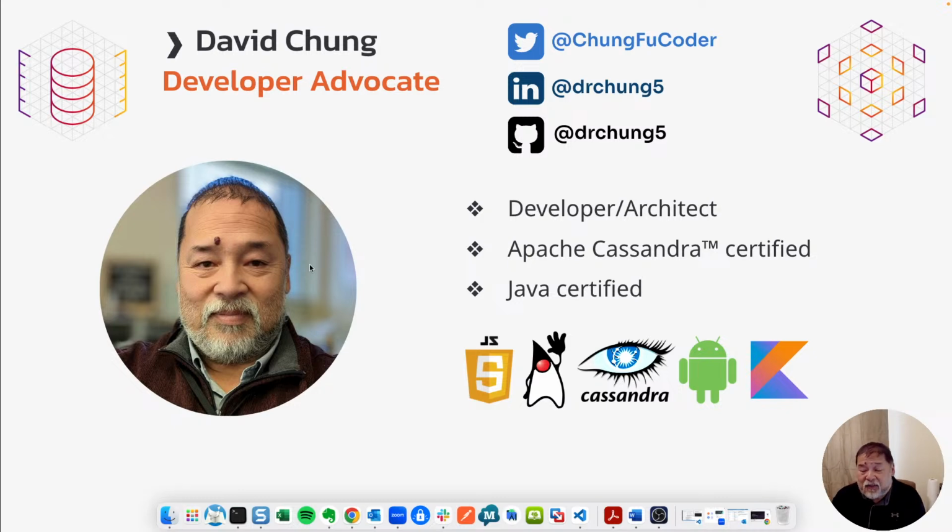And I have come to Cassandra the way many people do, after having spent time working with relational databases, Oracle, MySQL, MariaDB, and others. And I'm enjoying working with NoSQL, working with Apache Cassandra, but it is a different way of thinking about data. All right, enough about me.